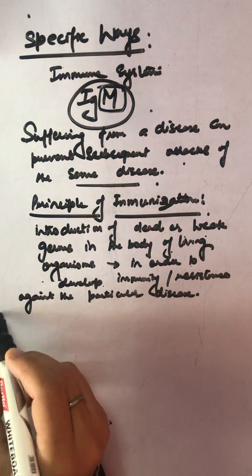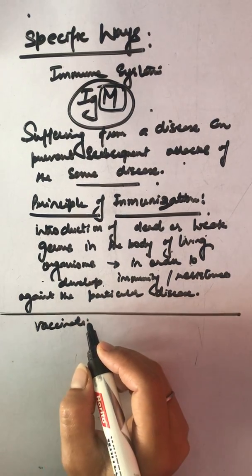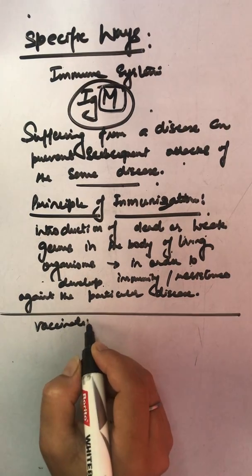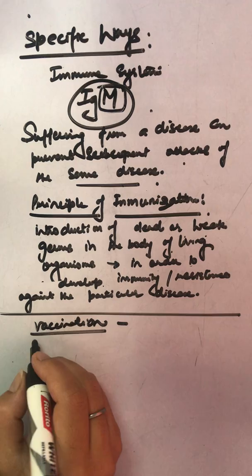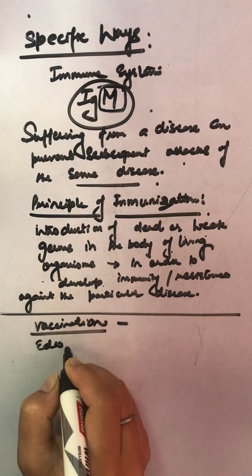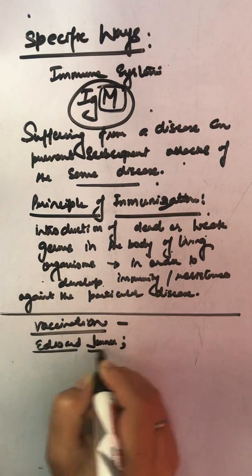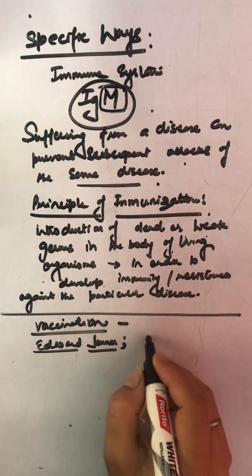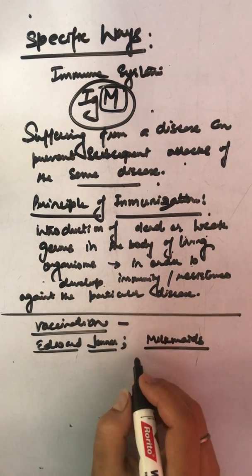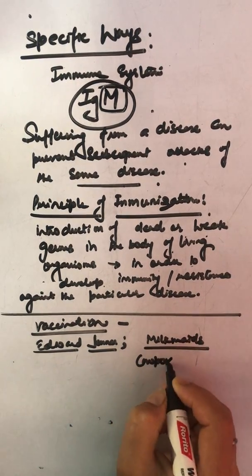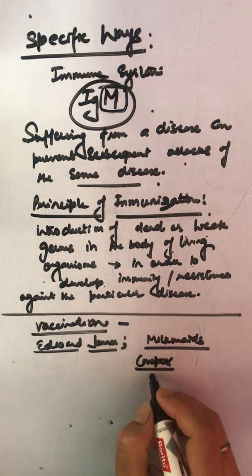Then, what is vaccination? Who introduced the term vaccination? It was introduced by Edward Jenner. He observed that milkmaids who had already had cowpox, a very simple mild disease, did not develop smallpox.